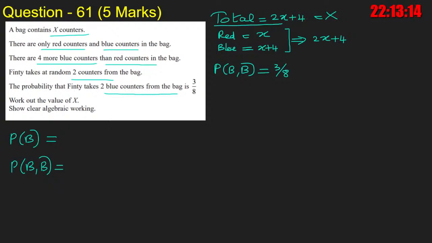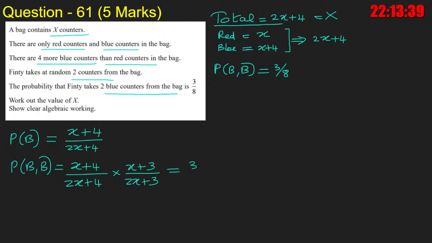So now, probability of blue is x plus 4 over 2x plus 4, right? Now, probability of blue, blue means x plus 4 over 2x plus 4 times by x plus 3 over 2x plus 3, right?